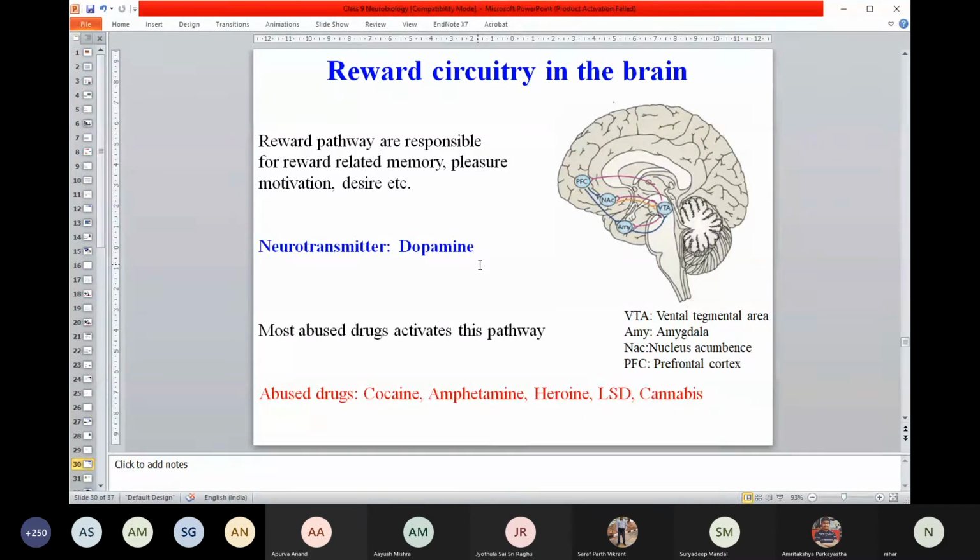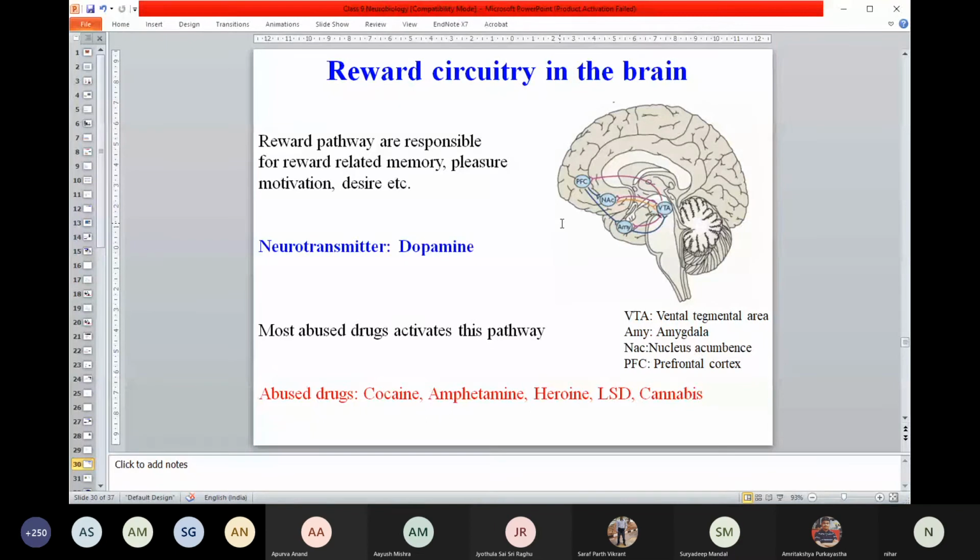There are a lot of elegant experiments people have done to dissect out this reward pathway in animals. If you study neuroscience in any textbook, you will find that if you put a fine electrode in a specific area, like the nucleus accumbens or prefrontal cortex, and excite this area, you will see that the animal can repeatedly go for a particular task, like drinking water or other liquids.